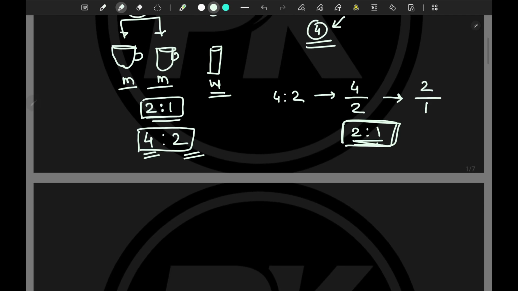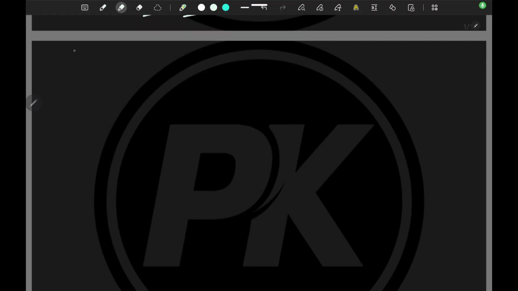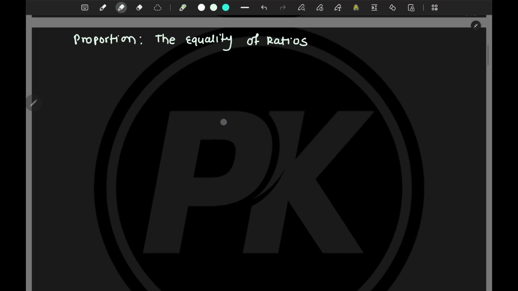So this equality of ratios is nothing but proportion. What do we call proportion? Proportion is the equality of ratios. Proportion is simply a statement that two ratios are equal.